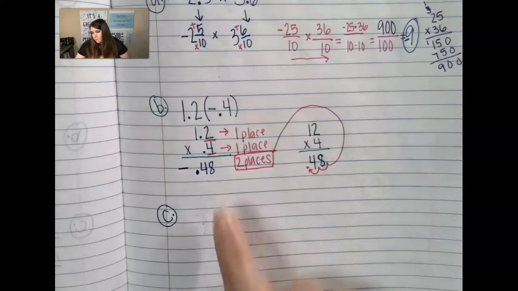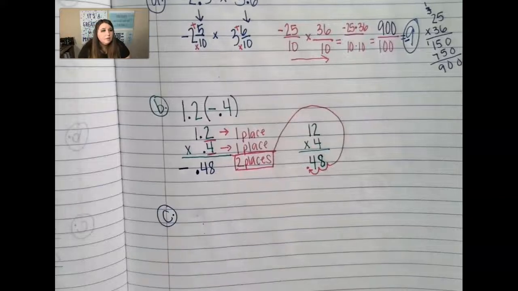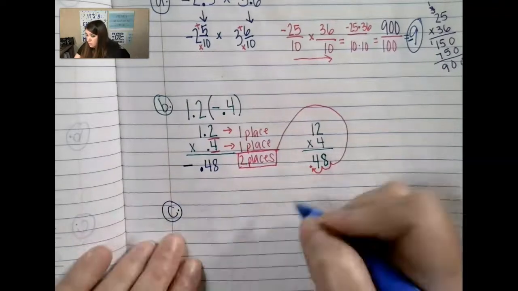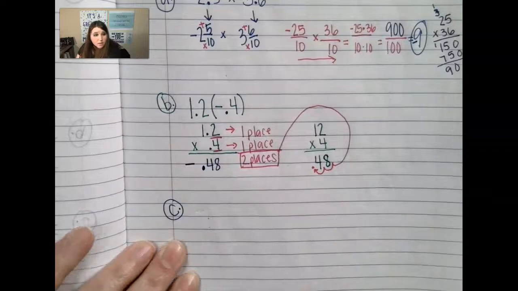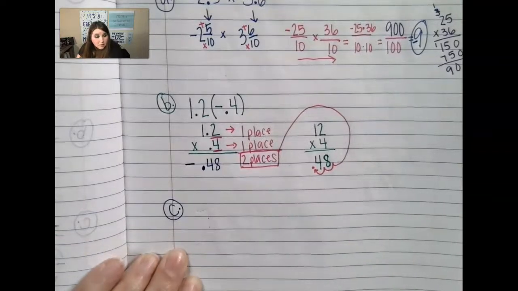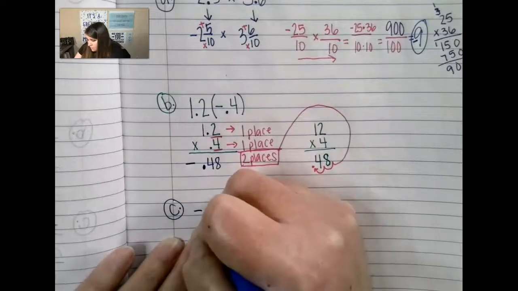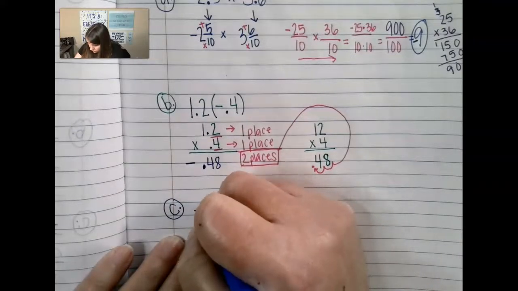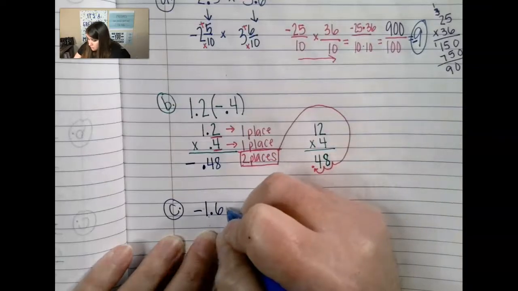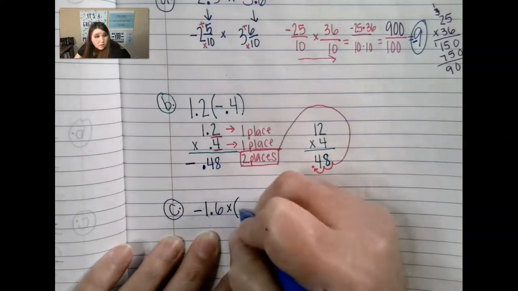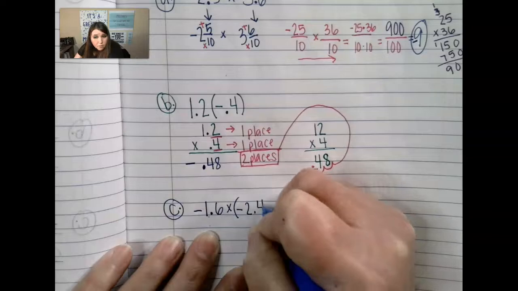Okay, we'll do another example so that you can see how to solve a problem like this. Example C says that I have negative 1 6/10 times negative 2.4.